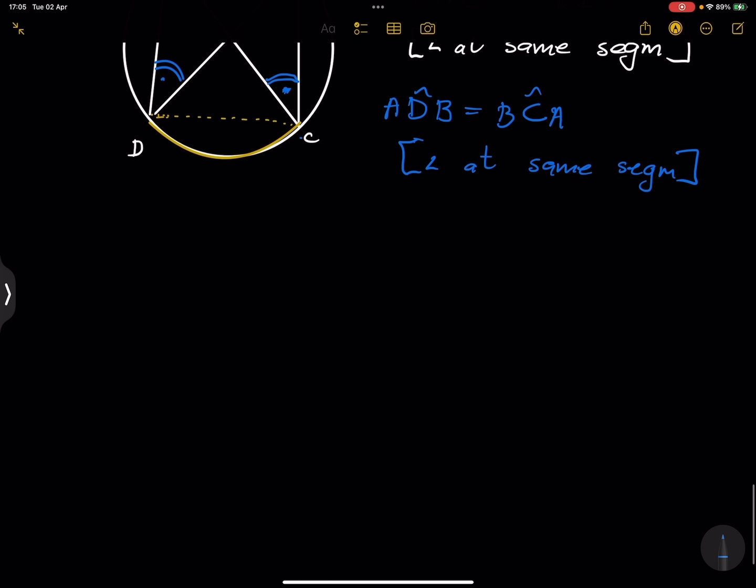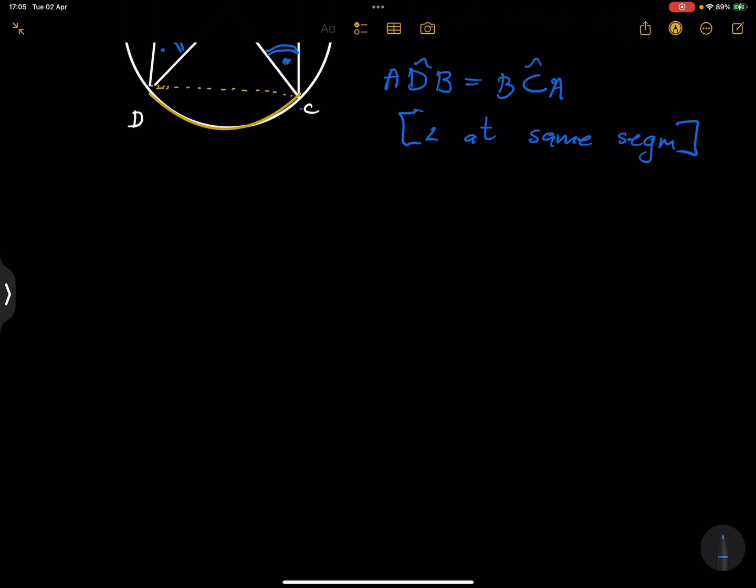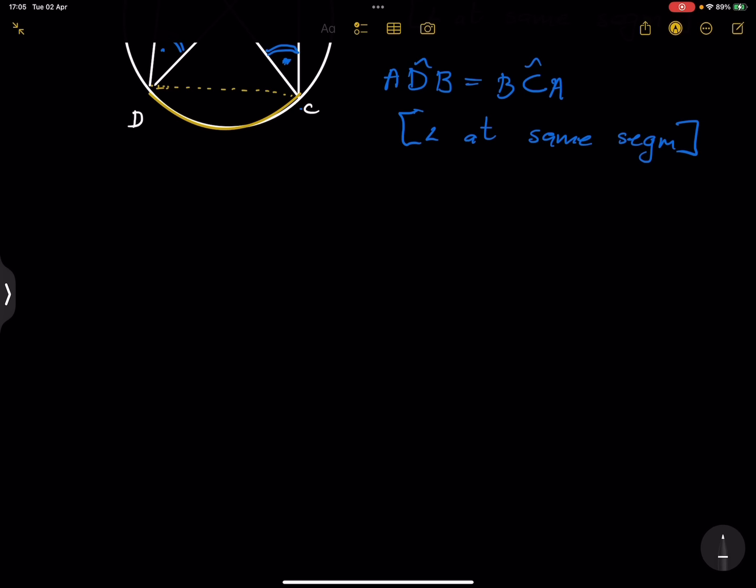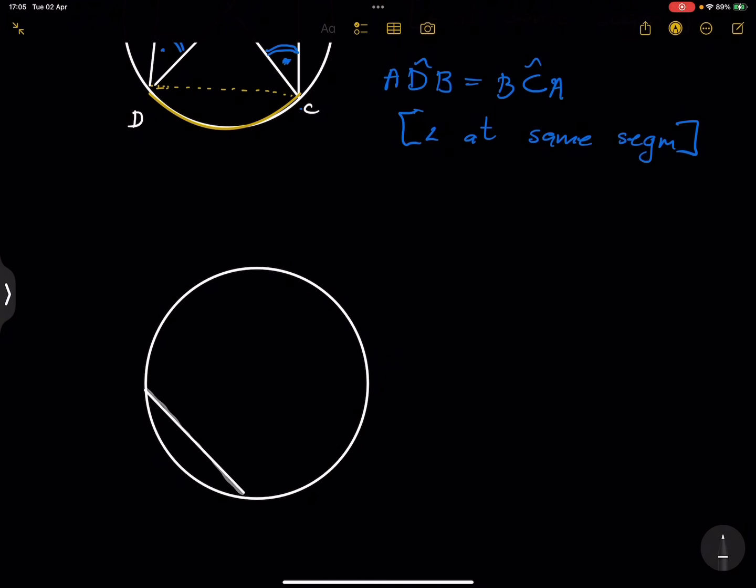Right, now, ladies and gents, some may not be very popular. In fact, let me just continue using the white. So what we can also do on this one is that we can also say that angles that are subtended by equal chords are also equal, right?